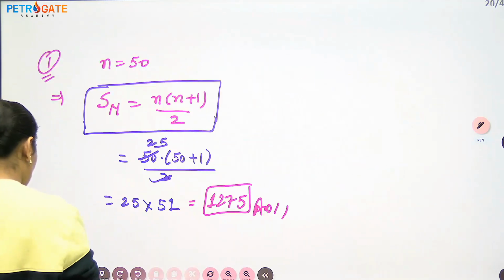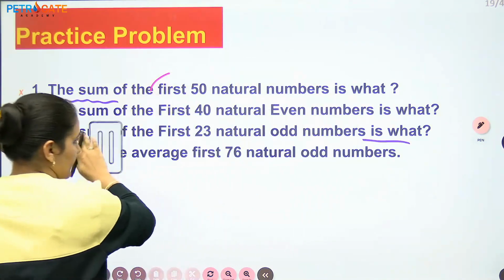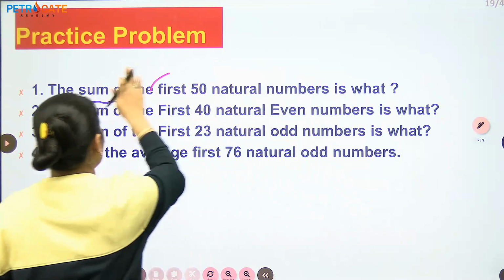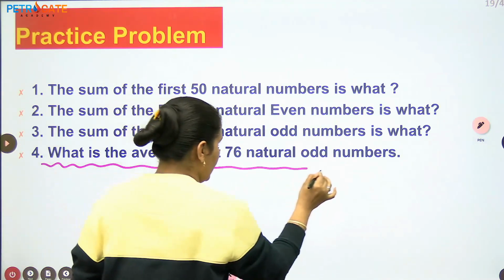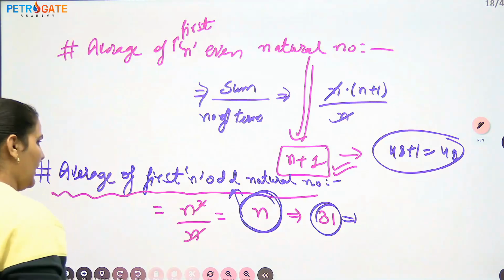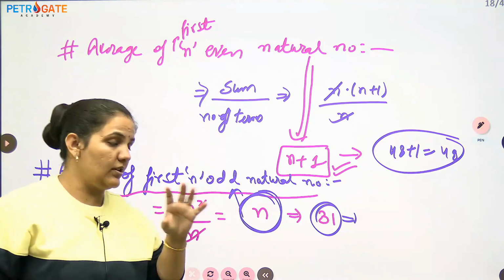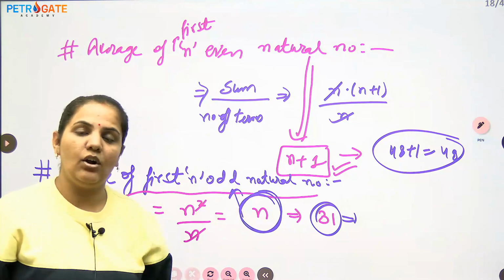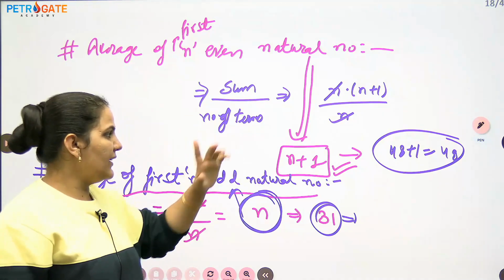Now the last one is simple and I will do it here only. It is asking for the average of first 76 natural odd numbers. We already discussed the formula: the average of first n natural odd numbers is nothing but n only. If we talk about even numbers, it will be n plus 1.